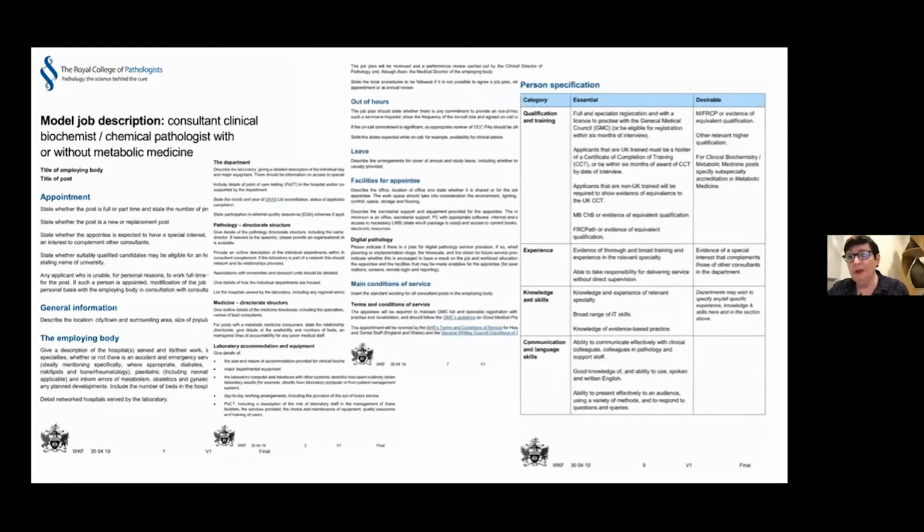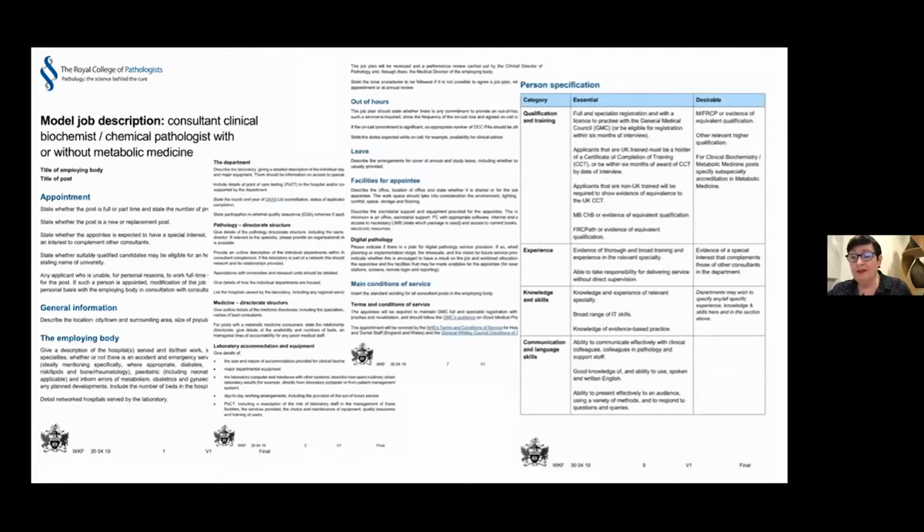There will also be a person specification attached to that, or attached to the advert, which has what is required, what is essential, and what is desirable. If you look at examples of these, you'll see examples of where essential and desirable qualifications or experience are listed.